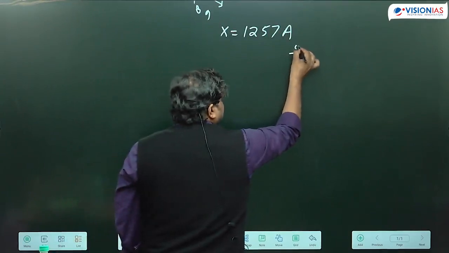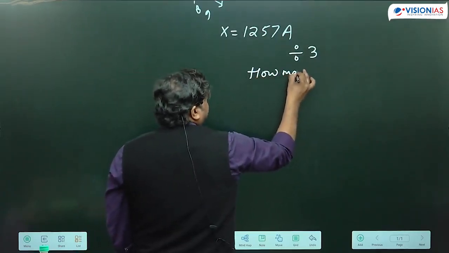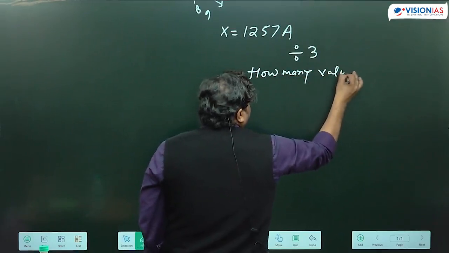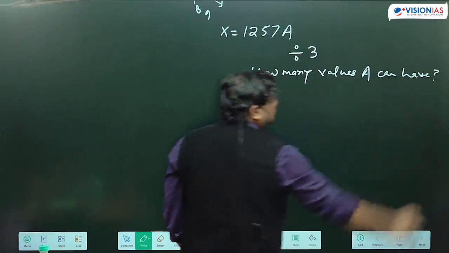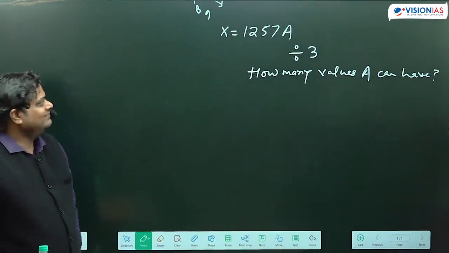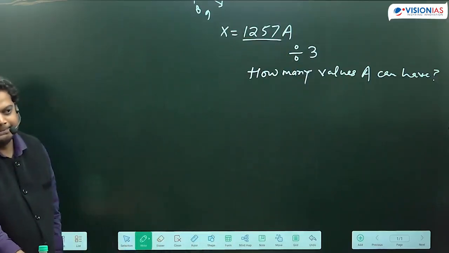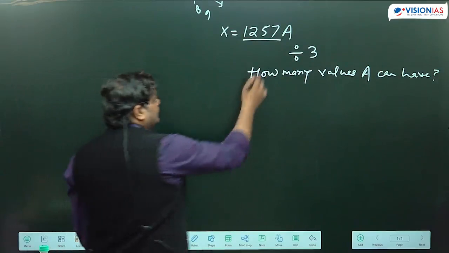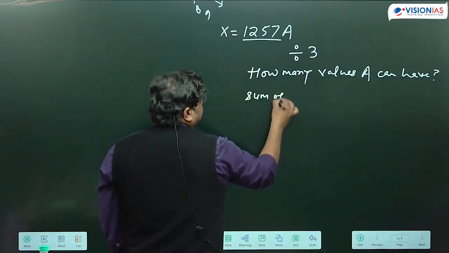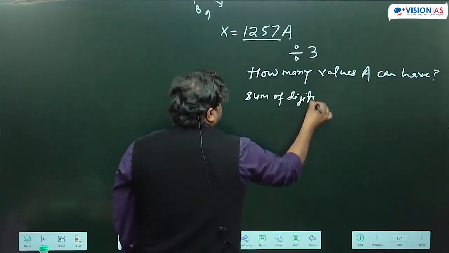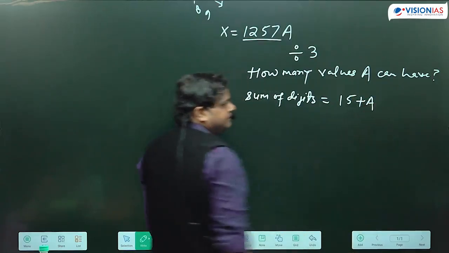This number is completely divisible by 3. How many values can a have? So, the divisibility rule of 3: sum of digits. The sum of digits is 15 plus a.